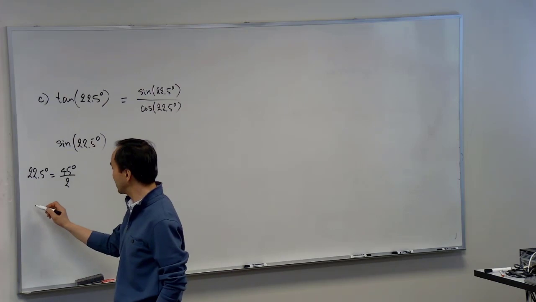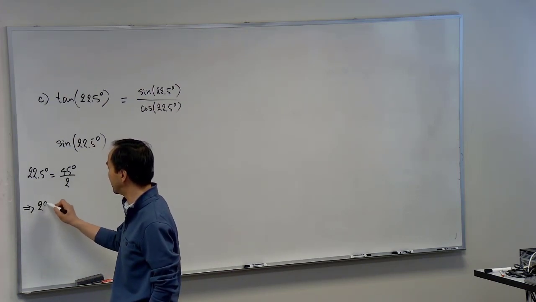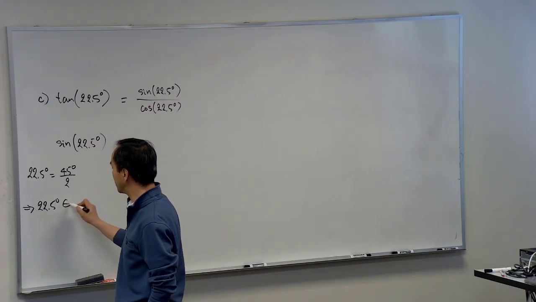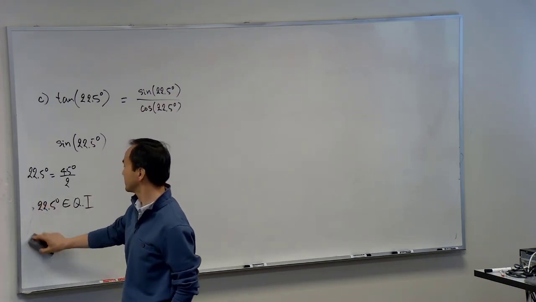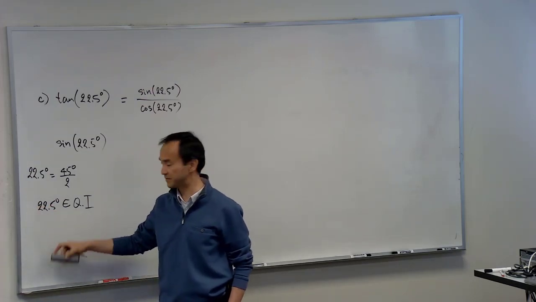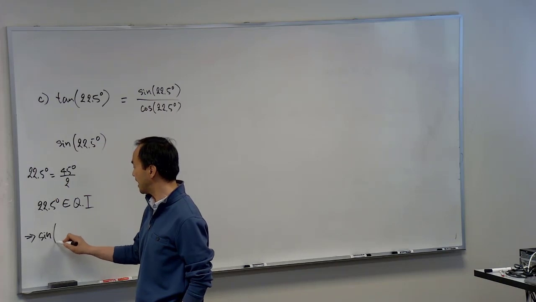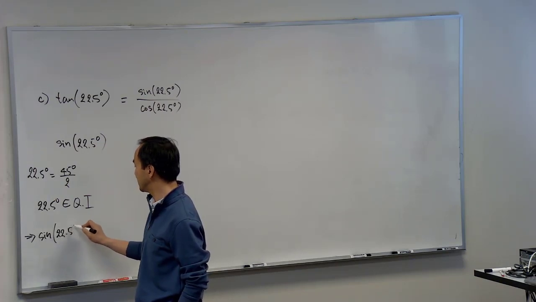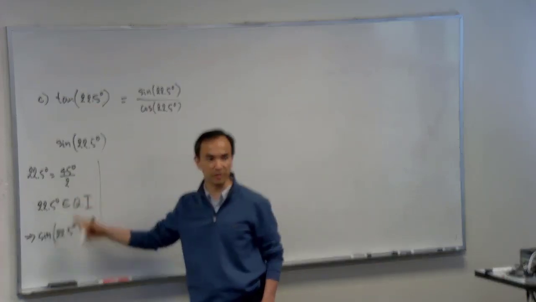It's easy to tell that the angle is in quadrant 1. That's just something we can easily observe. Later on, we're going to use that the sine value of 22.5 has to be a positive value. Okay?